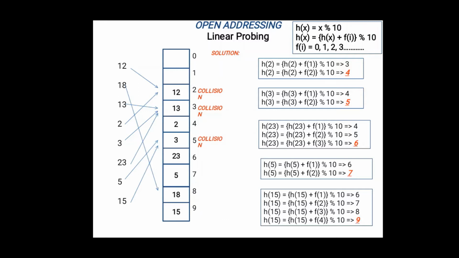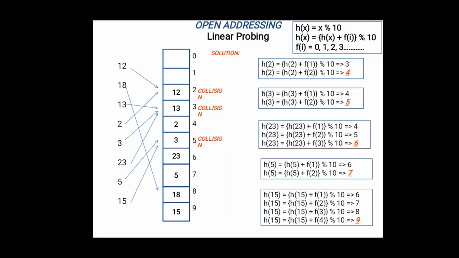First, we need to apply the formula, which is h of x is equals to h of x plus f of i mod 10, where f of i is equals to 0, 1, 2, 3, and so on.